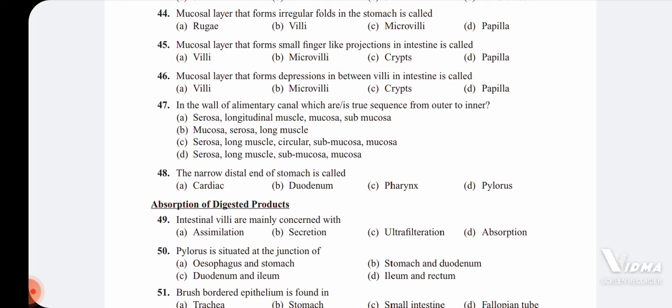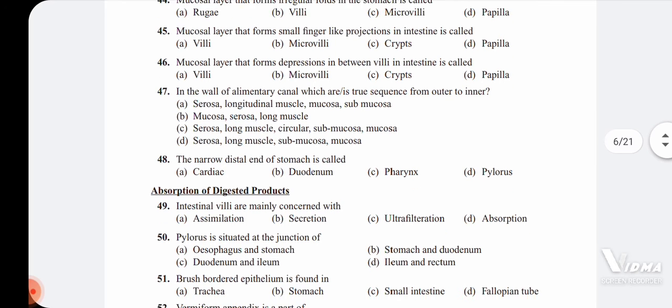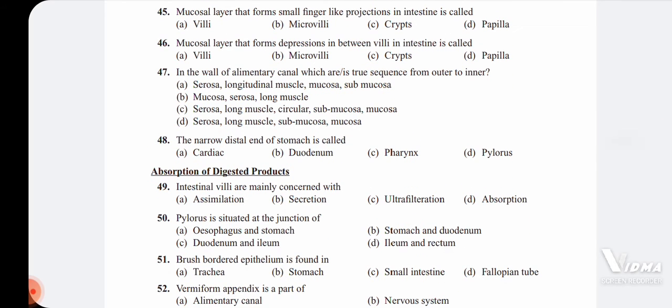Those small finger-like projections made of the mucosal layer are called villi. Next, 46th question, the mucosal layer that forms depressions in between villi in intestine is called. The depressions in between the two villi are called the crypts.